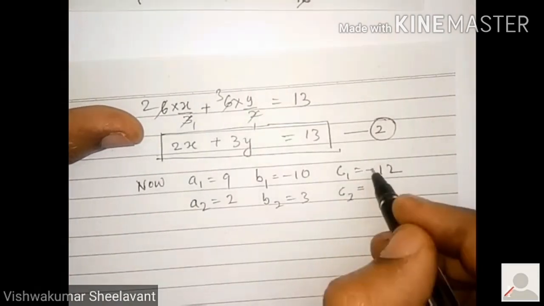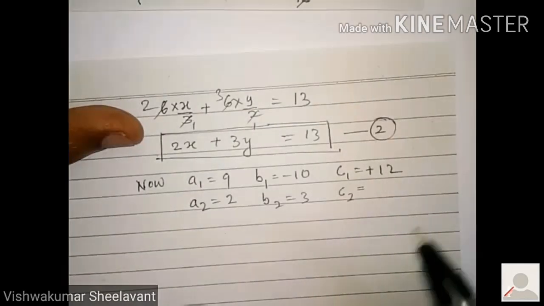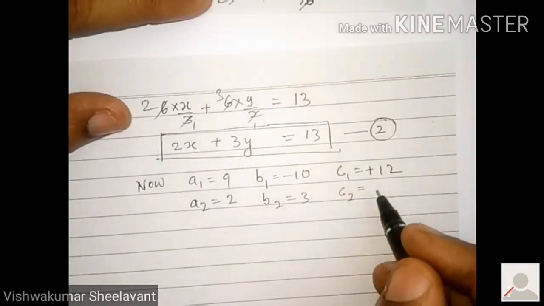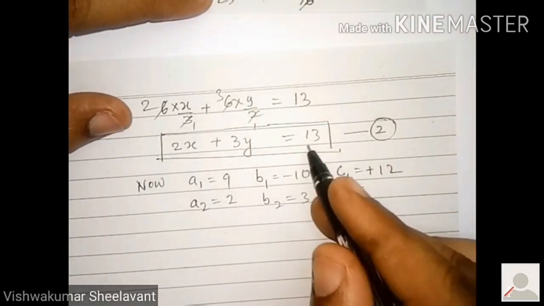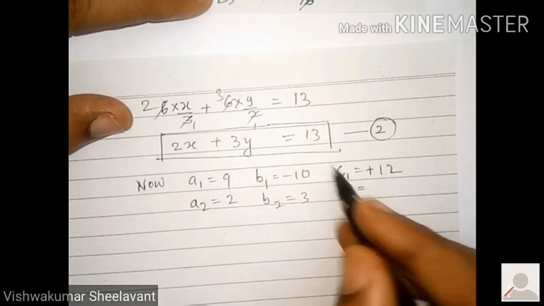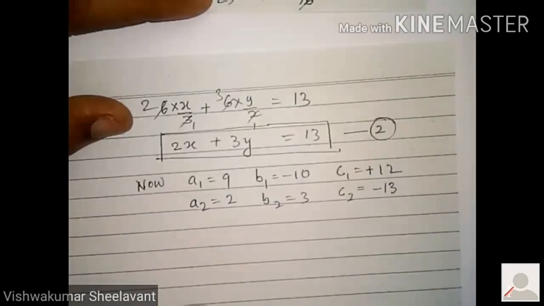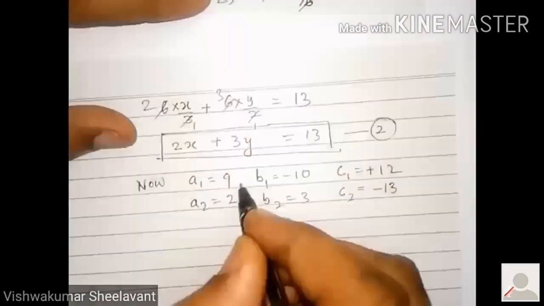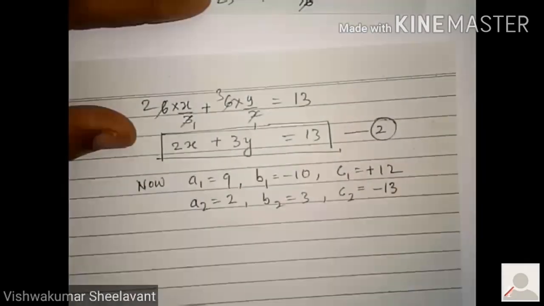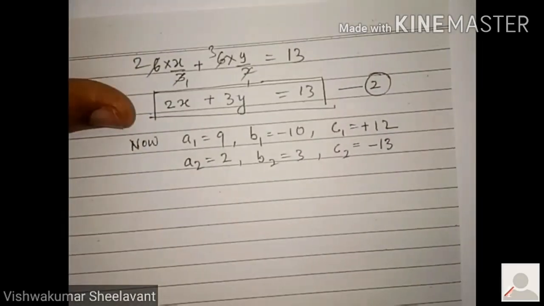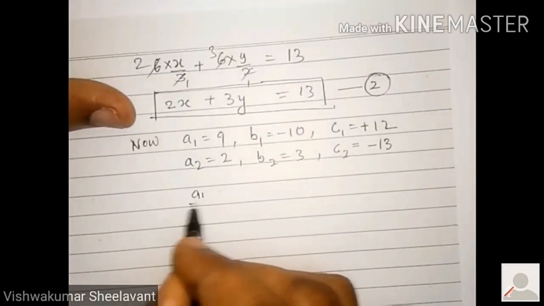This should be plus here because it is on the other side. And c2 is equal to what? 13 plus here. So on the other side it will be minus 13. So like this you have to first write all the values and then test for consistency.